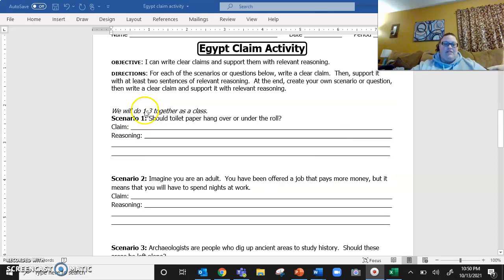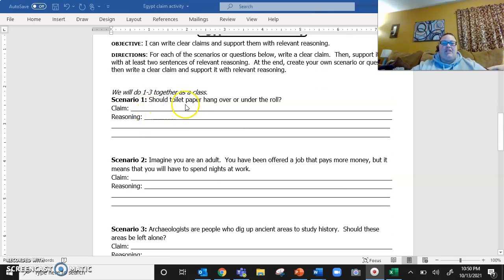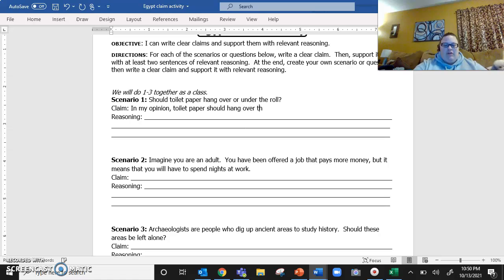Okay, so scenario number 1, should toilet paper hang over or under the roll? Well, in my opinion, toilet paper should hang over the roll. So I'm going to write, in my opinion, toilet paper should hang over the roll.